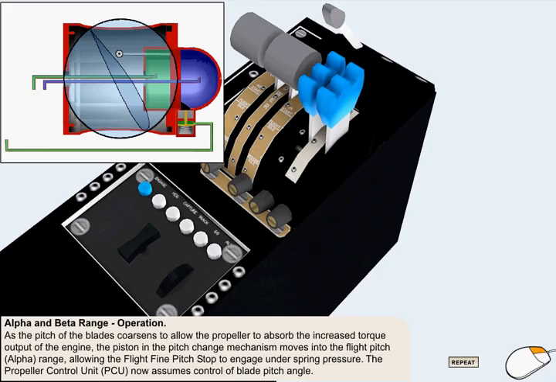This allows the flight fine pitch stop to engage under spring pressure, thereby preventing the piston from moving below the flight fine pitch position. There is now sufficient RPM available to bring the propeller control unit on speed and into a controlling condition.